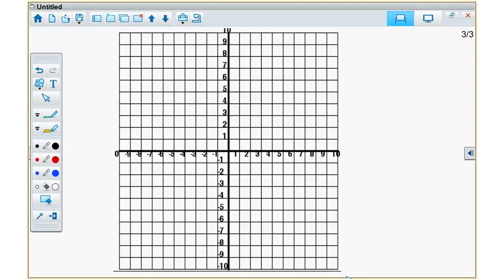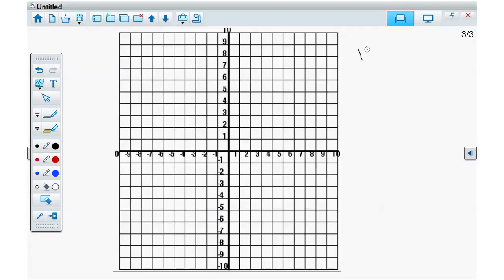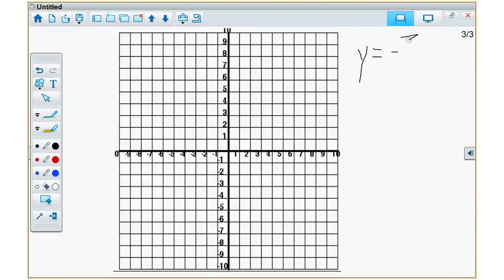That line on the bottom is really bothering me, but I'll be all right. Let's go with y equals negative 3/4 x minus 2.